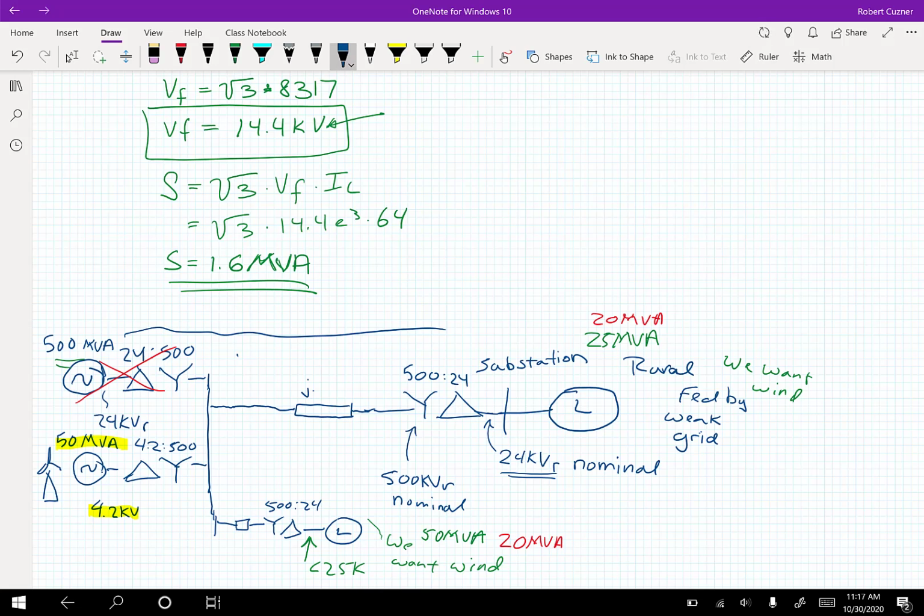And let's rate it on per unit. So you could say, well, I'm going to per unitize to the 500 kV side of everything. We could even use the S equals 500 MVA if we wanted to base it on this transformer.